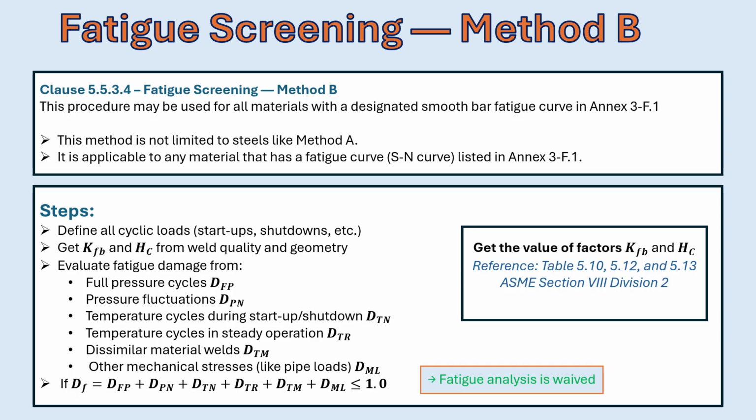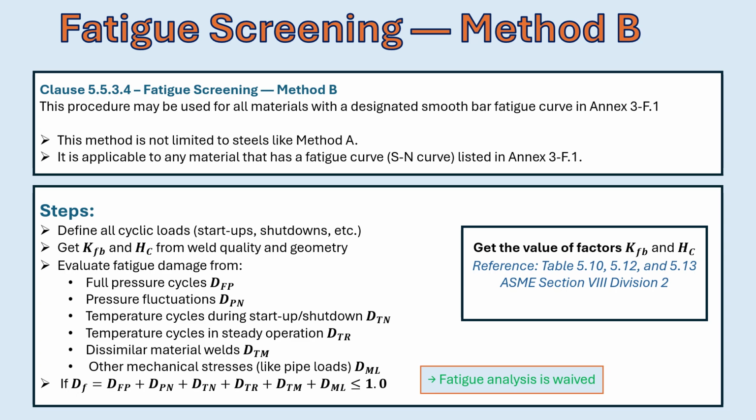The next step is to find all the loading conditions, so pressure cycles, fluctuations, and get all the loading conditions. And then the last step is to find the damage. Let's say Df is the total damage, and it's the addition of all the damage from every loading condition. So DFP is the damage done by full pressure cycles, plus the damage done by the remaining cycles, and this should be less than 1.